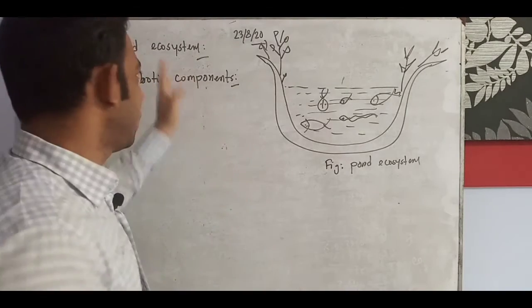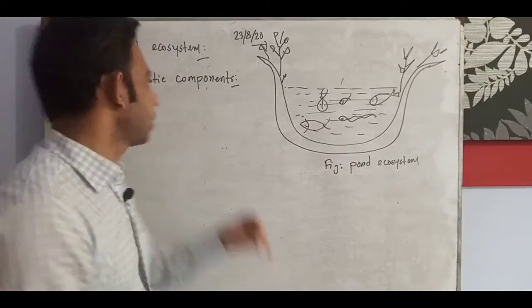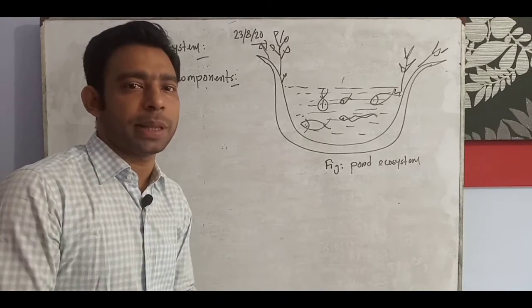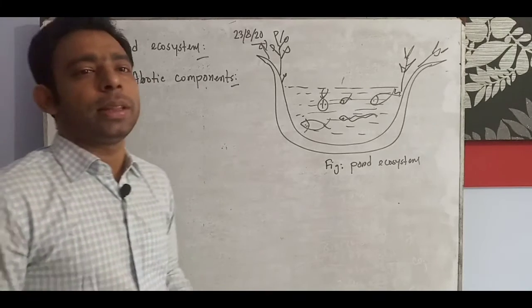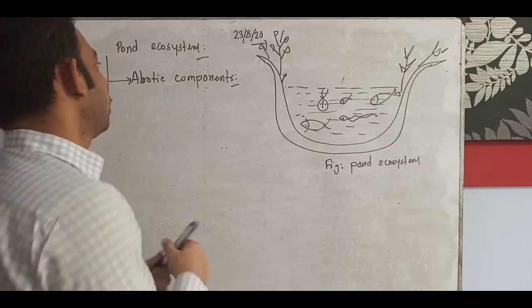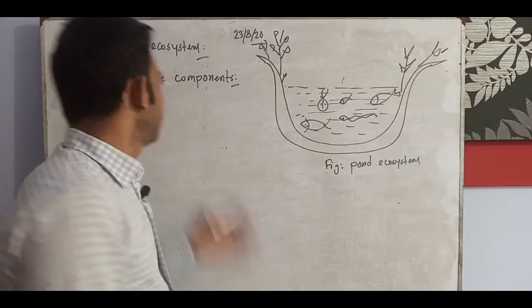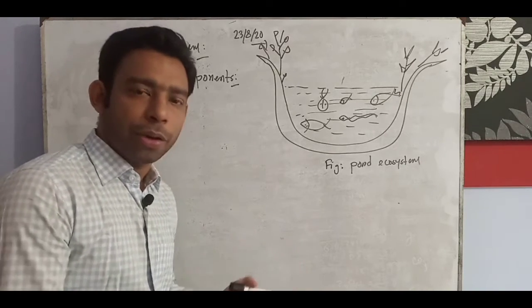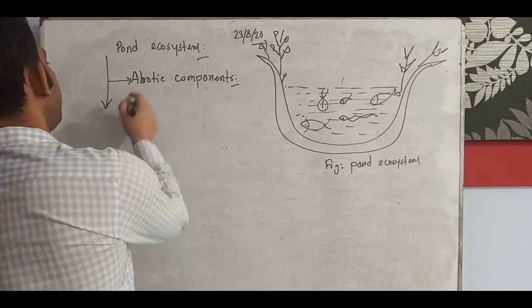At first the ecosystem has two parts, the abiotic components and the biotic components. So abiotic components are of what kinds? The abiotic components have three parts and three kinds. These types of components are not living things. Since it is the abiotic component, the non-living components are the abiotic components, and they have three kinds.